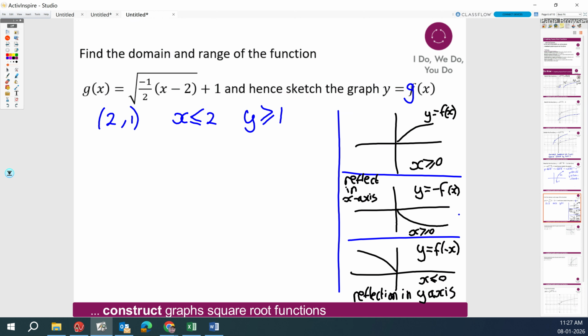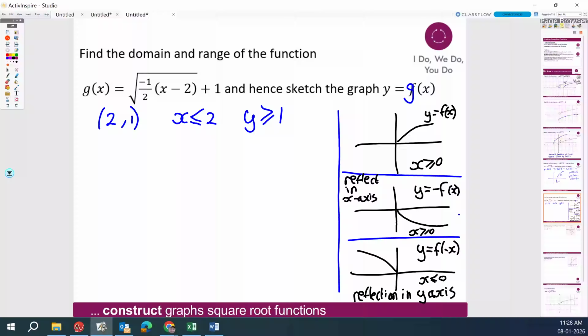We have horizontal translation first, then horizontal dilation and reflection, they come next at the same order. At this point there is no vertical dilation, it's 1, and then the last one is the vertical translation, the plus 1.